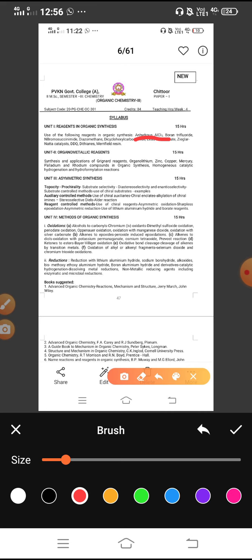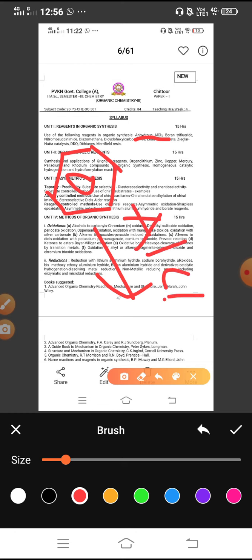In Friedel-Crafts alkylation, anhydrous AlCl3 is used with benzene and CH3Cl, methyl chloride.